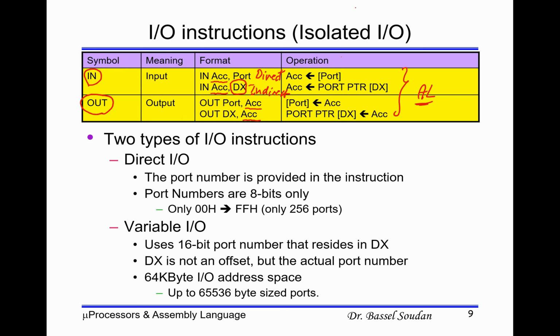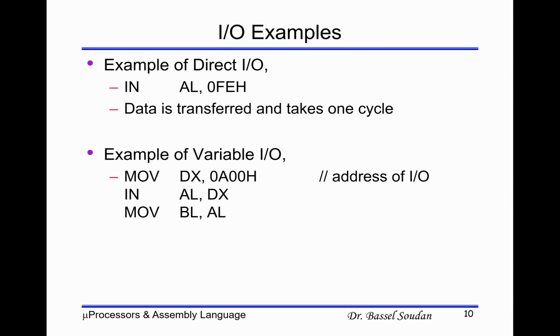Now, what else we need? Here is an example of an IN instruction using the direct addressing mode. Here I specify the port number, and my input data will be available in the AL.